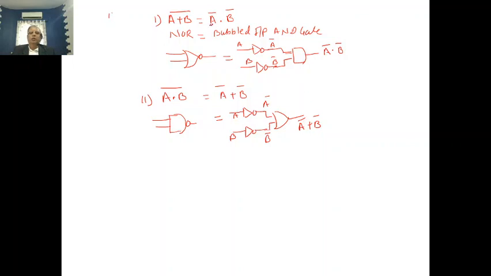Now if you observe both theorems, here this is OR operation, A plus B, and complete inversion of that. Now if we use De Morgan's theorem, this OR operation becomes AND operation, that is A bar dot B bar, with separate inversion of each variable.